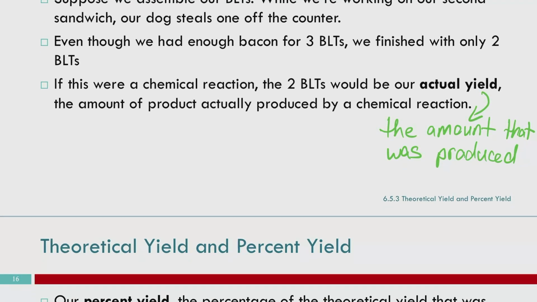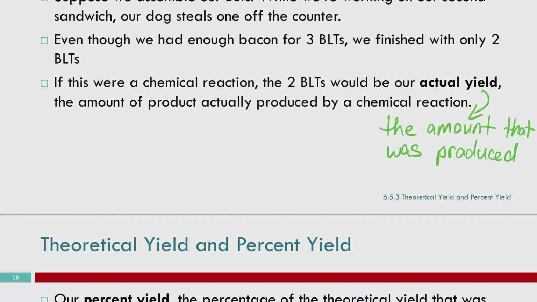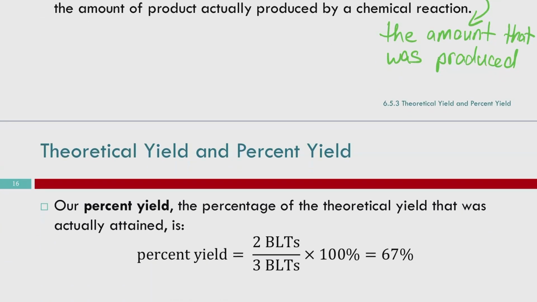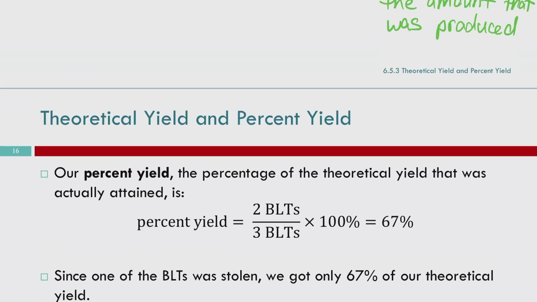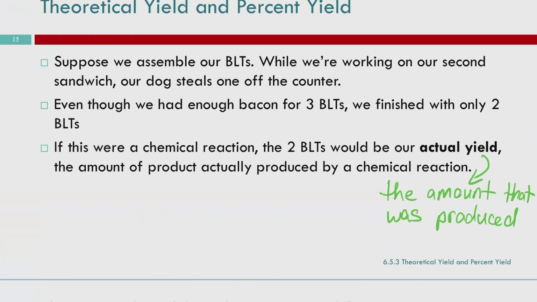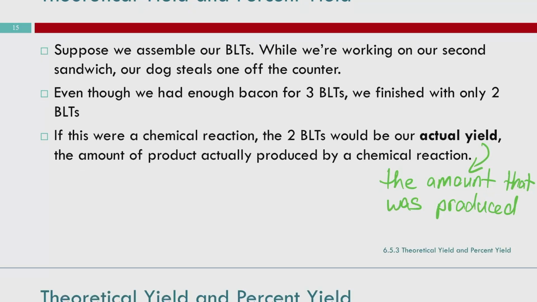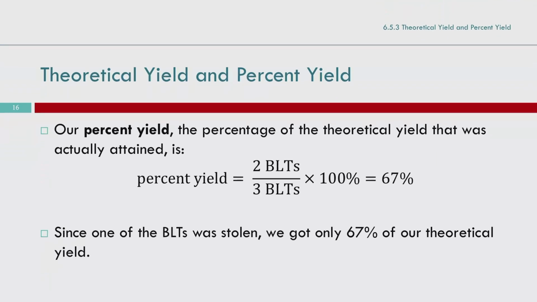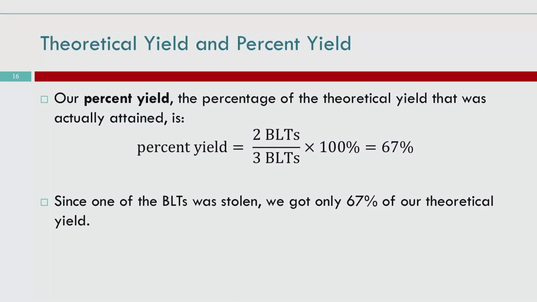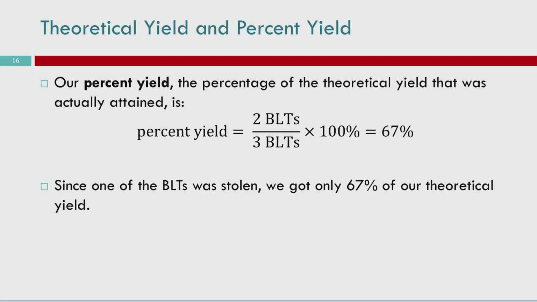We will be using actual yield, theoretical yield, and limiting reactant in lab. Question? So would the theoretical yield be like the predicted amount? Yeah, the theoretical yield is the predicted amount. We expected to make 3 BLTs. Dog ate one. Should have put them further back on the countertop, I guess.